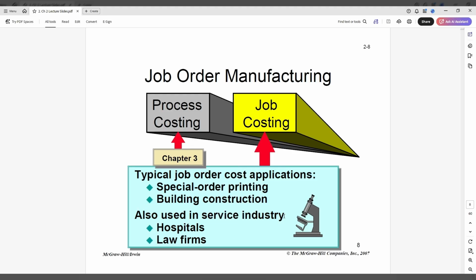Public accounting is very much this way, where if you are a public accounting employee, and you're working on some type of job for a client, one thing that you have to do is bill all your time to that client.